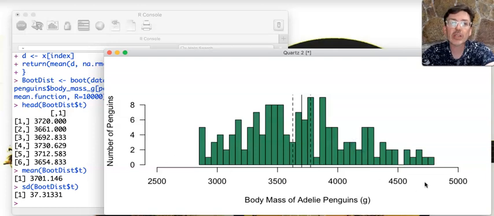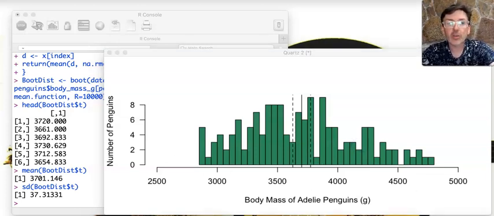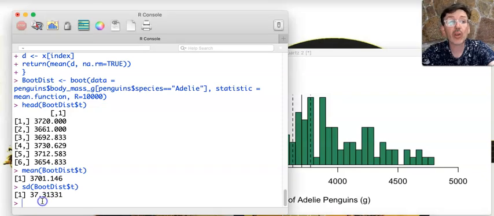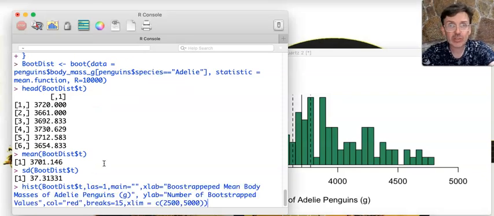So here is our original penguins data. And what we're looking at aren't individual penguins. We have 10,000 estimates of the mean values. So I'm going to do the same thing.